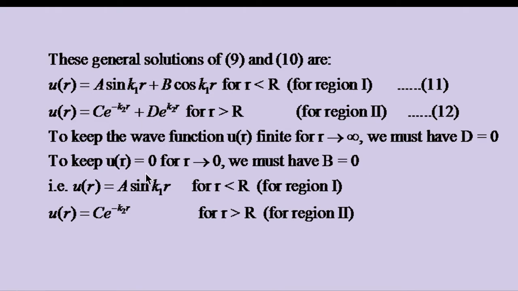Now what we can do is keep the wave function u of r finite. That means you have Deuteron, and r is the distance or separation between the particles. That r cannot be equal to 0.